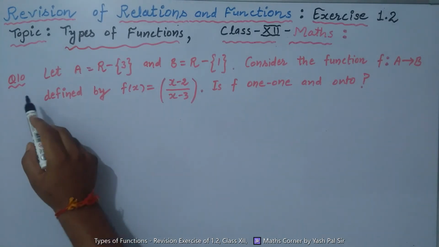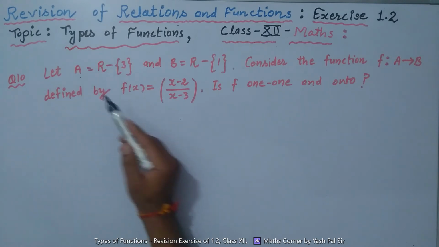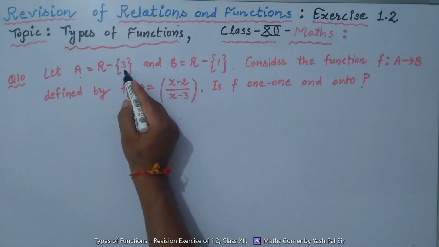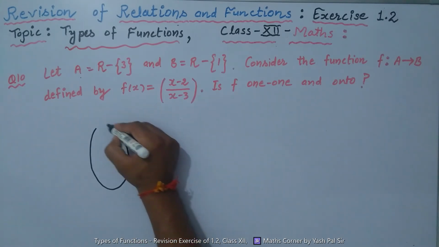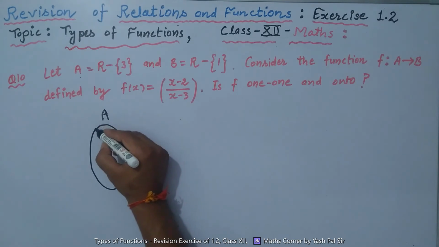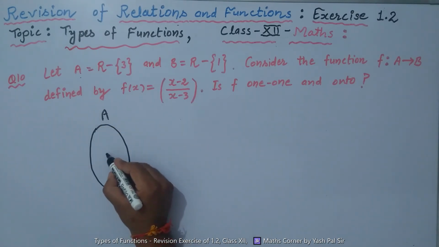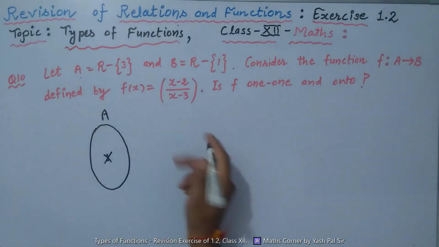Question number 10 of the NCERT textbook: let A be the set of all real numbers except 3. So what is A? A is the set where all real numbers are given, but 3 is not a part. Except 3, all real numbers.